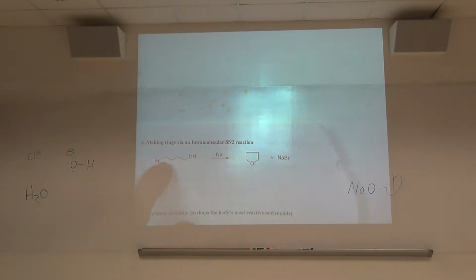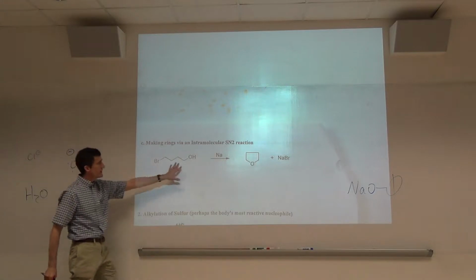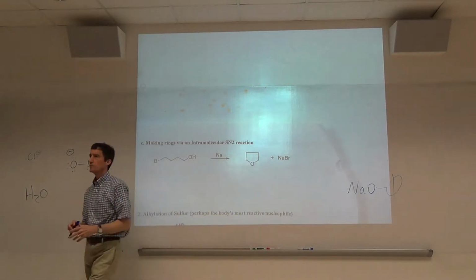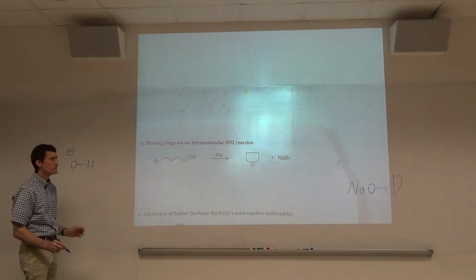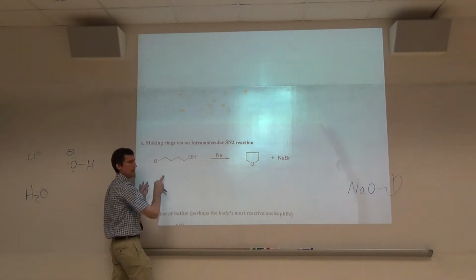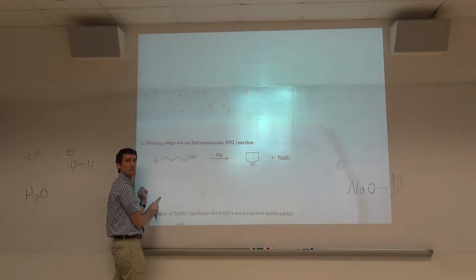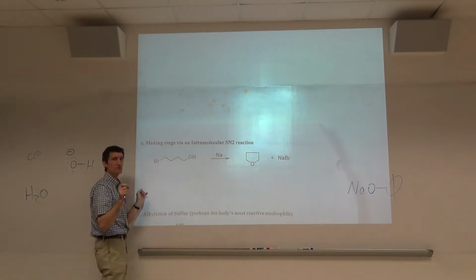Okay, making rings. If you take this compound here and treat it with sodium, you'll get this oxygen ring compound plus sodium bromide. What's going on here? Well, what is sodium going to do to this compound? I see an alcohol. What does sodium do to alcohols? It deprotonates, makes H2 gas. Yeah, it essentially does deprotonate it.